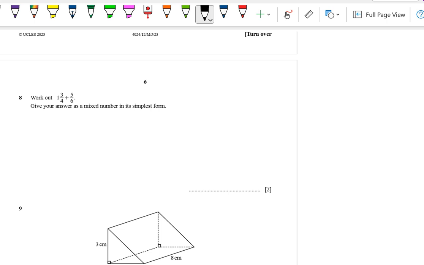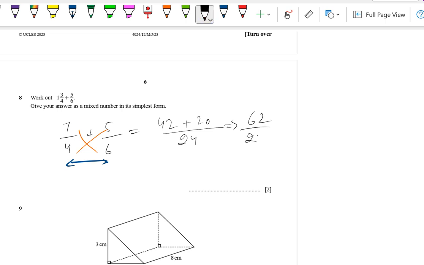Convert the mix into improper first of all. 4 ones are 4 plus 3, 7 over 4 plus 5 over 6. Now cross multiply and multiply these two with each other. 42 plus 20 over 24, 62 over 24.